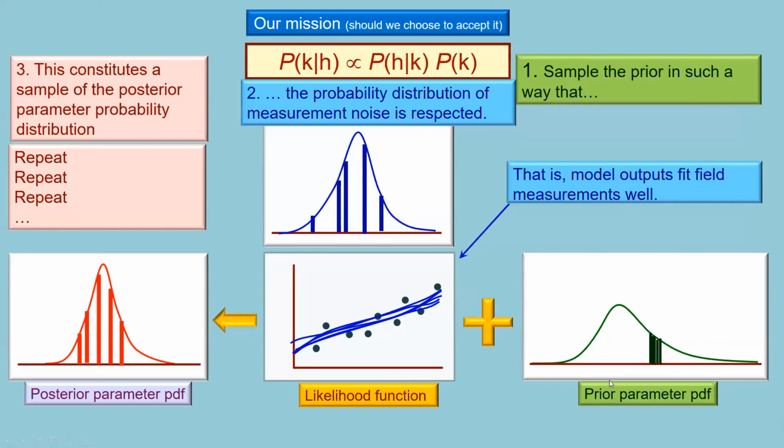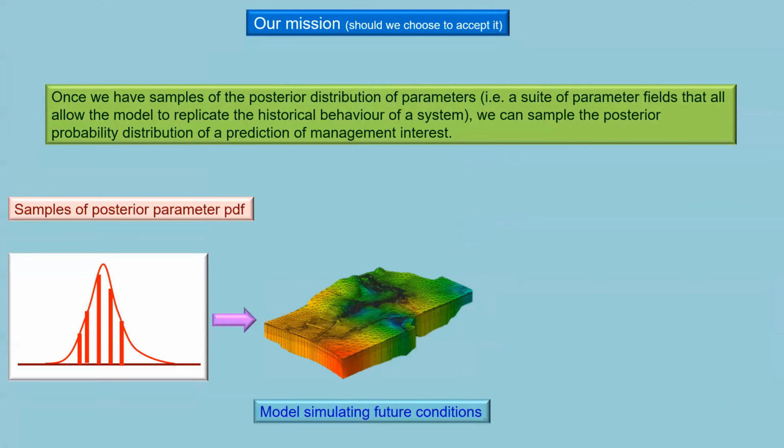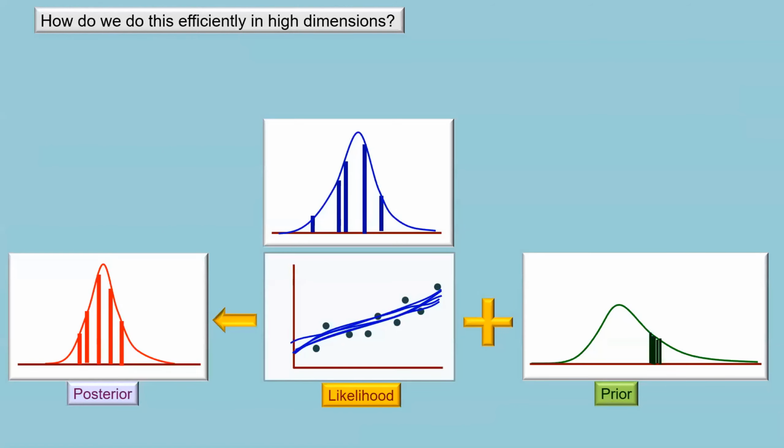It is not easy to sample that little corner of parameter space, that little 10,000 dimensional hypercube of parameter space that's going to give us a good fit with the field data. Therein lies the challenge, and that's our mission, to accept that challenge. And that's what we're doing today. So, let's have a look at how we can do this efficiently in high dimensions.